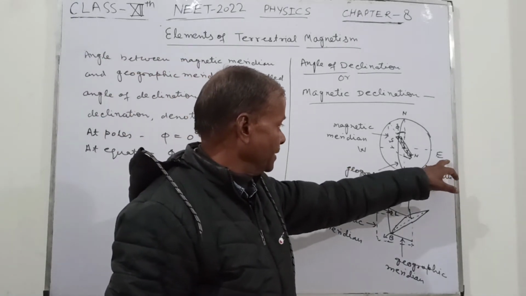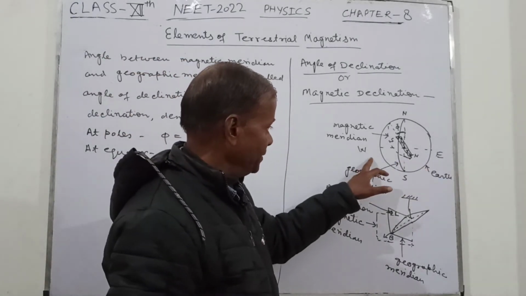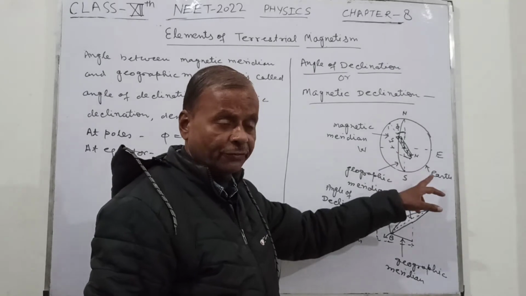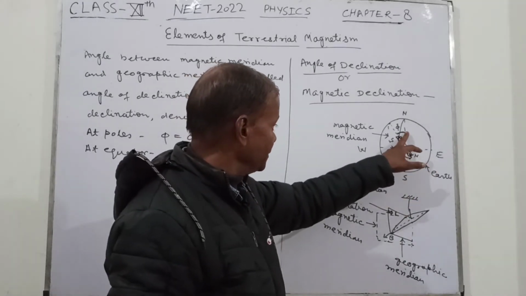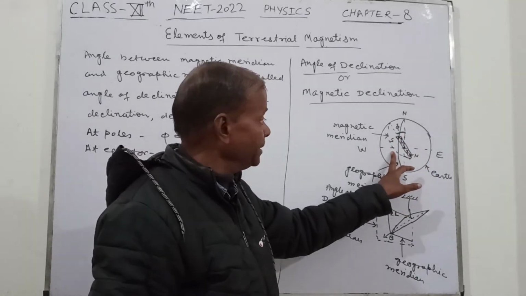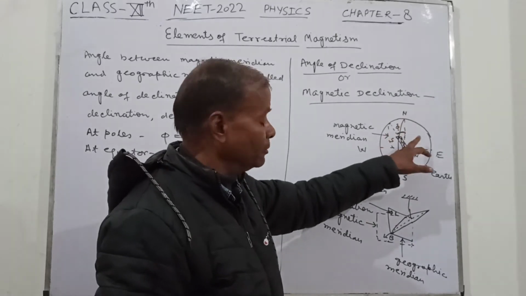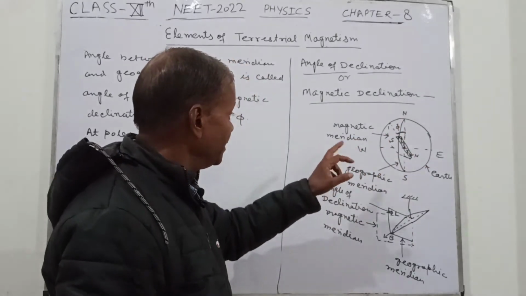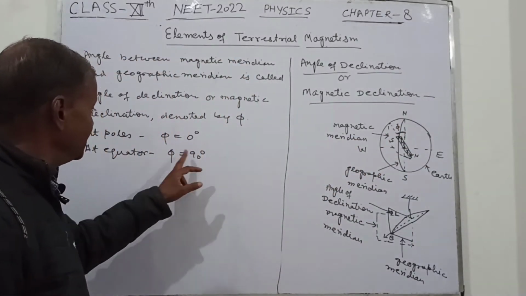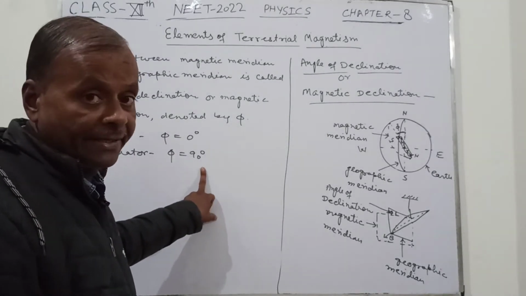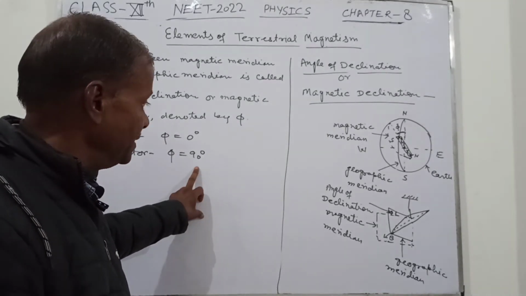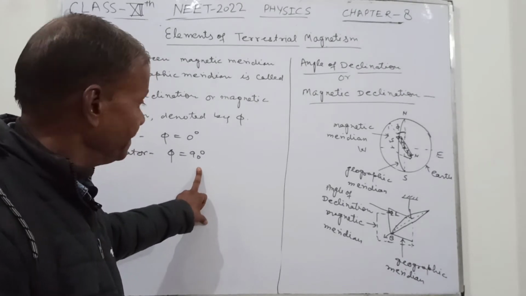This line joining the west and east is the equator. So at poles the angle of declination is 0, and at the equator the angle of declination is 90 degree.